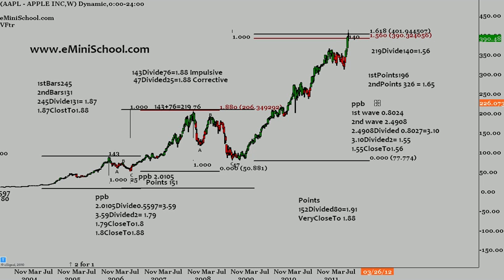Let's see, there's a lot of stuff on here. Points per bar on the first wave up, from this low to this high, was 80 cents. The second wave from this low to this high is $2.50.